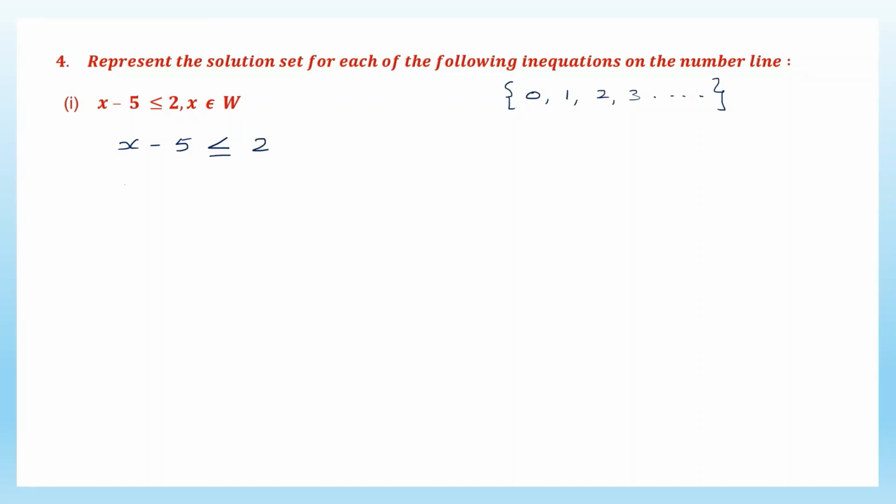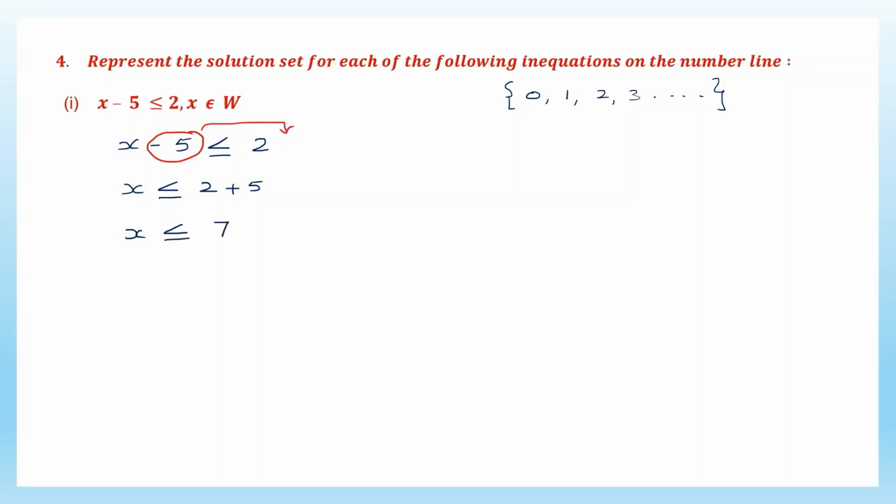So now we want to find the value of x. So we'll say x is less than or equal to 2 plus 5. We have transposed minus 5 from the left hand side to the right hand side. So it's become plus 5. So x is less than or equal to 2 plus 5, which is 7.